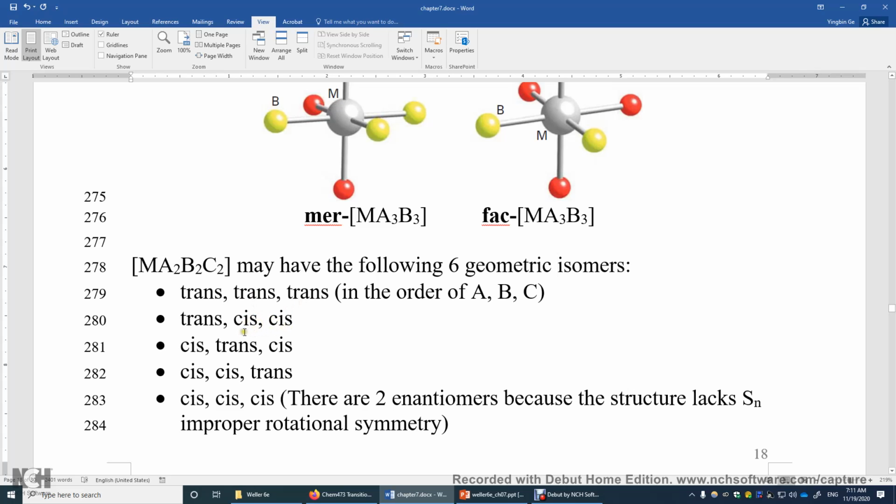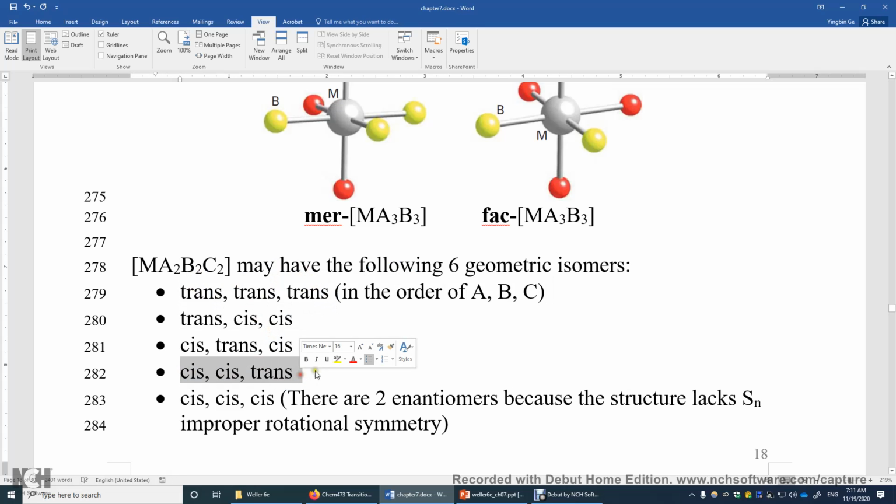You can't have 2 Bs trans and then 2 Cs cis. That's impossible. But now here you can arrange the 2 Bs to be on the opposite sides, and then the 2 As will have to be cis. The 2 Cs will have to be cis. Of course, they can both be trans, but we talked about that. We included that scenario here.